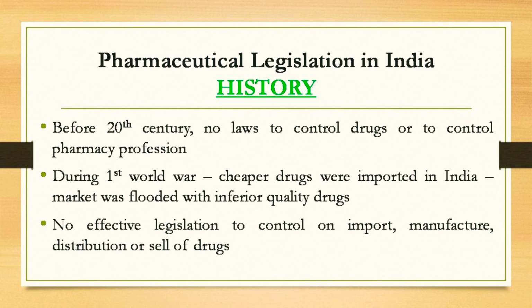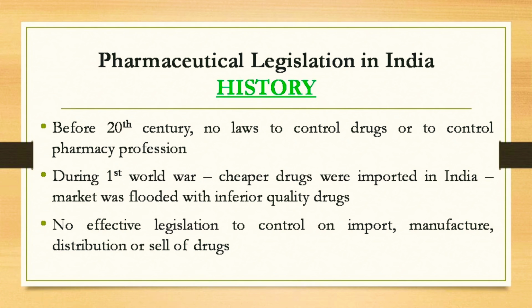Now let's see some of the history of Indian pharmaceutical legislations. Before the 20th century, there were no laws to control drugs or the pharmacy profession in India. During the First World War, numerous cheaper drugs were introduced, or you can say imported, into India due to their requirement at that particular time.